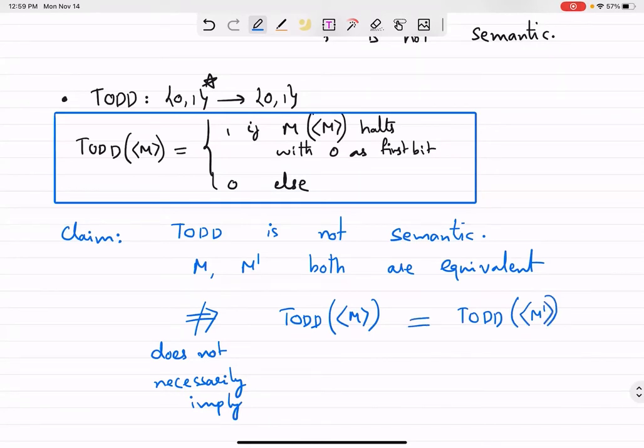If it were semantic, then given any two equivalent programs, the output of the function should be the same, but there's nothing in the definition which guarantees that these two are the same.